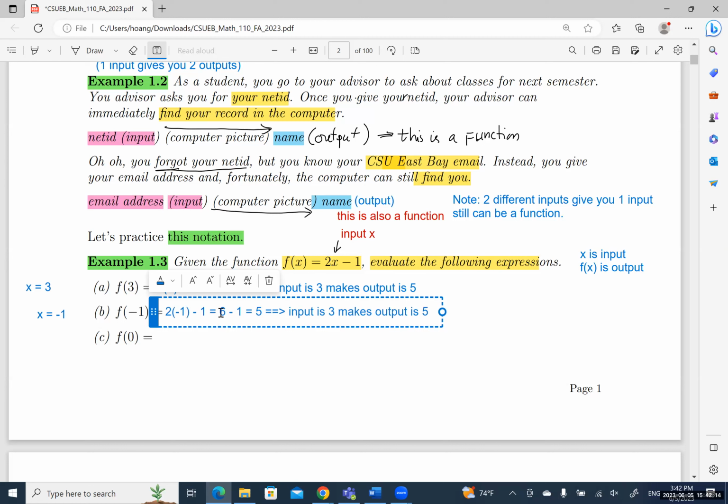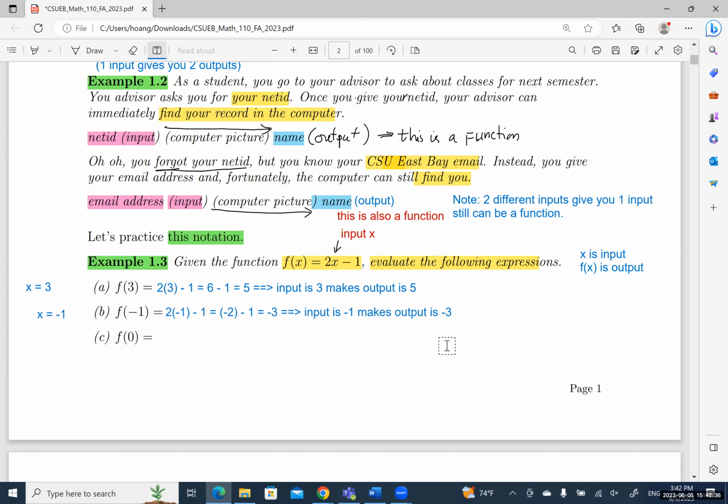So 2 times -1 is -2, right? And then -1, so -2 minus 1 is -3, right? So the input is -1, the output is -3. Make sure that you change the input to get the output.